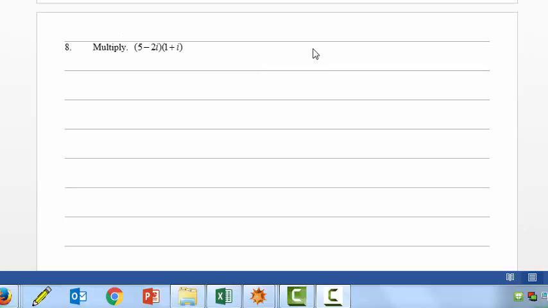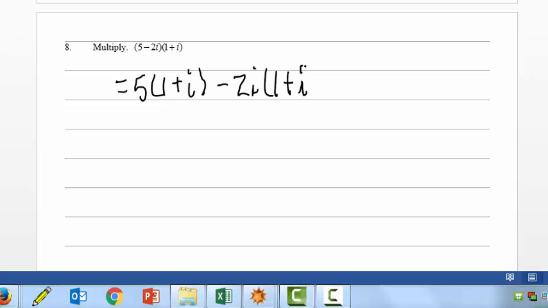Okay, here's a product of complex numbers where we need to use the distributive property twice. So we have (5 minus 2i) times (1 plus i). So 5 plus 5i minus 2i minus 2i squared.